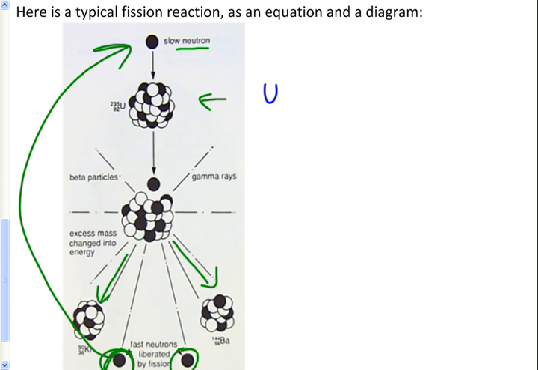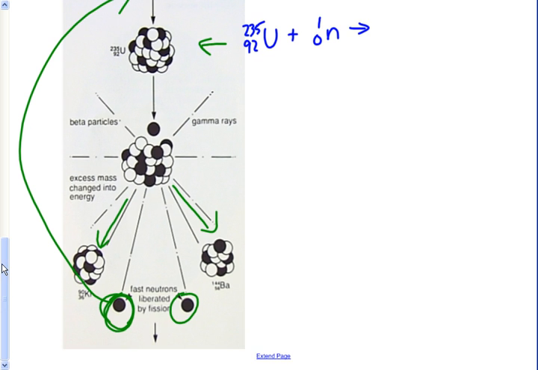So this is what a typical fission reaction would look like. You've got your uranium-235, atomic number of 92, reacting with 1 neutron. So remember that the symbol for neutron is atomic mass of 1, atomic number of 0. After that, what we get are these two elements.